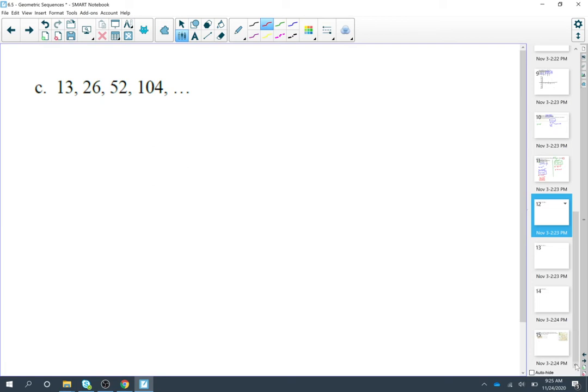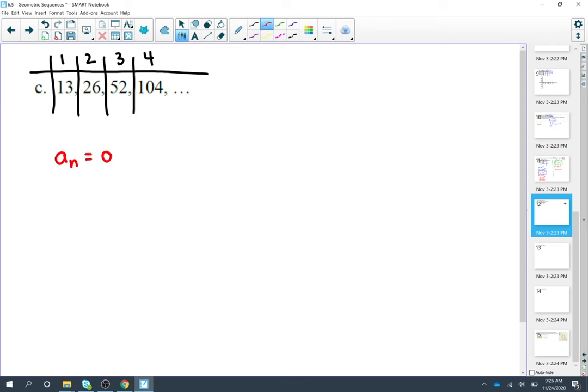Letter C. Write the equation and then find the 7th number. So the first thing I'm looking for, one, two, three, 4. We have a sub n equals a sub 1 times r to the n minus 1.